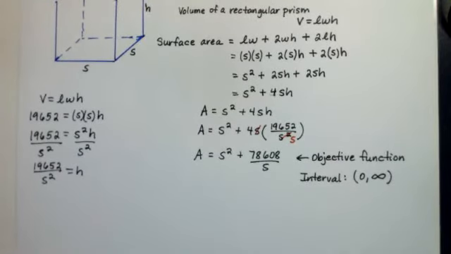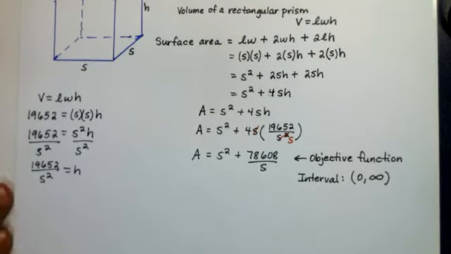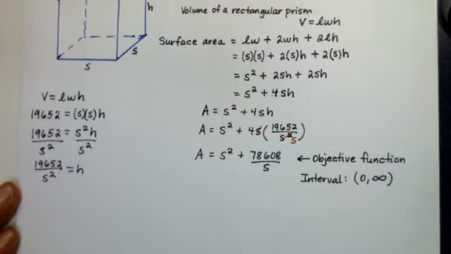So now we can find the dimensions of the tank that has the minimum surface area.